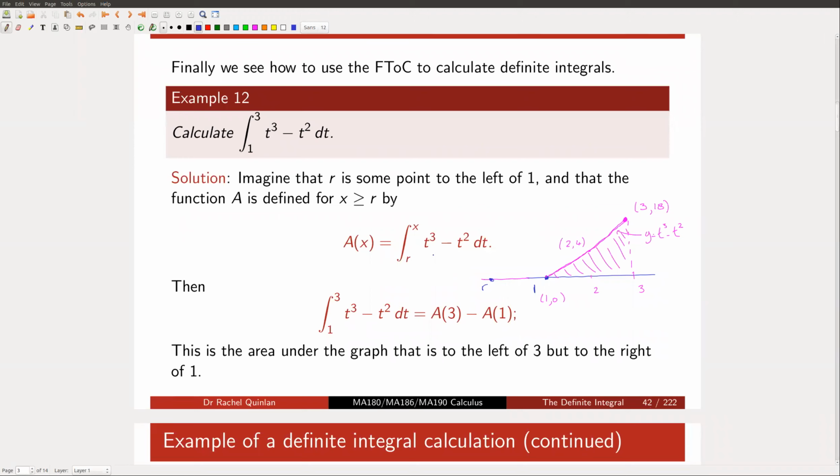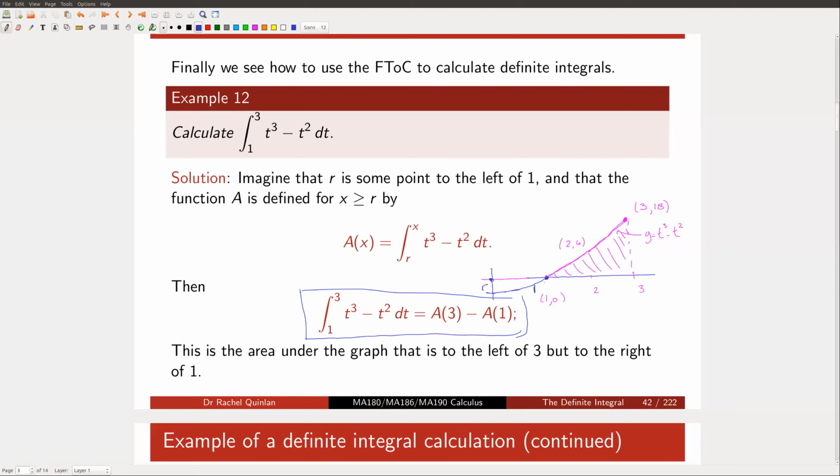Okay, and then the assertion is that if we knew how to evaluate A at different points, then the integral from 1 to 3 of t cubed minus t squared would be the value of A at 3 minus its value at 1. So we'll draw a bit more of the graph here. Maybe it goes like this somehow. A of x is the area to the right of R as far as x.